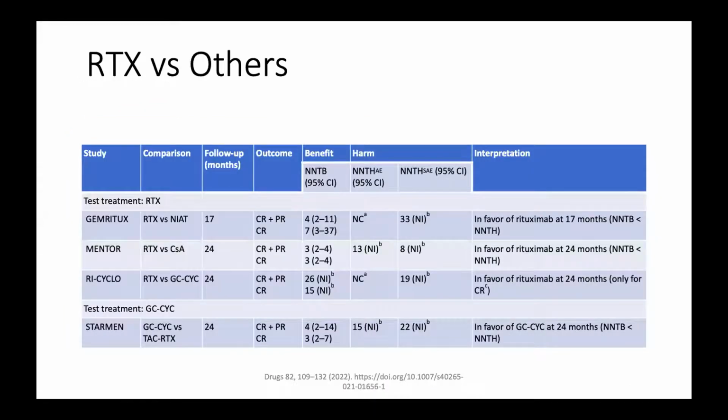And if you look at the evidence comparing rituximab with other treatment modalities, these are the 4 major trials which compared rituximab with other treatment modalities. GEMRITUX and MENTOR trials have shown results in favor of rituximab, and the STARMEN trial was in favor of the modified Ponticelli regimen, and in the RI-CYCLO trial, at the end of 24 months it was in favor of rituximab, but before that it was in favor of, again, modified Ponticelli.